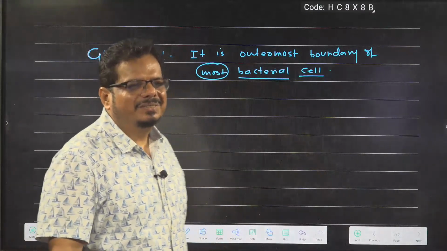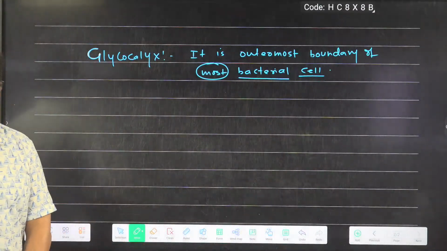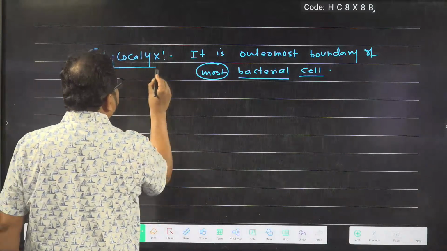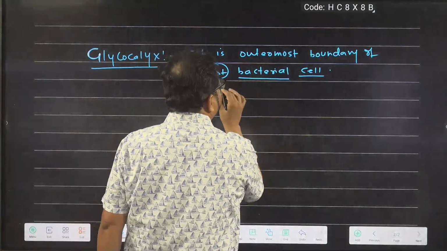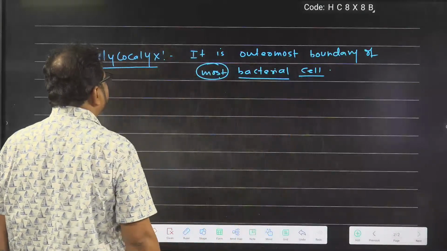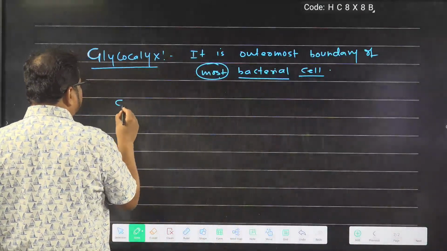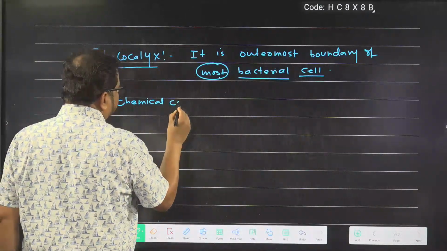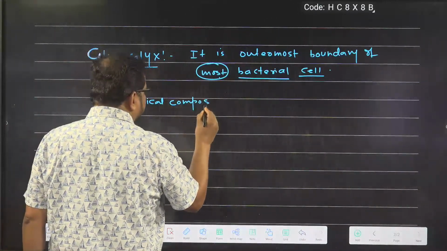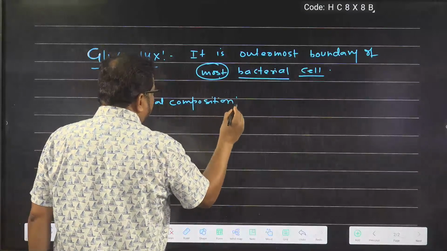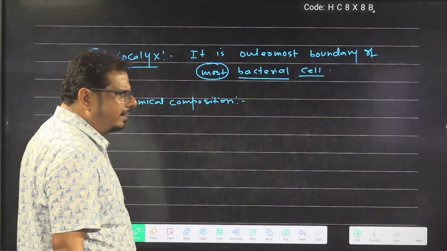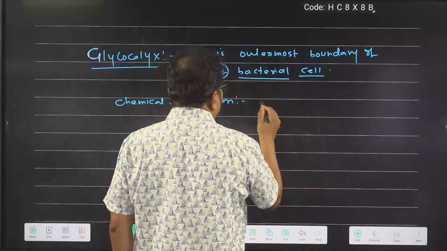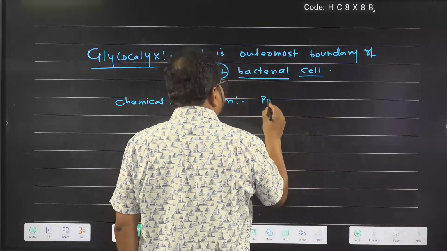Got the idea? So listen carefully. Give your attention, please. Have a look here. So glycocalyx, you understood? It is the outermost boundary present in most bacterial cells. If we talk about chemical composition, it is made up of polysaccharide.